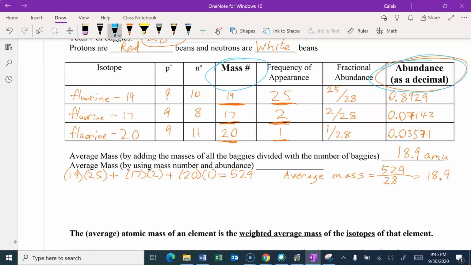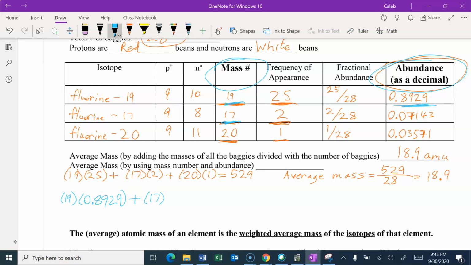So the way this works is we're going to put the mass, which is 19, times 0.8929, the abundance, plus the other mass. The next mass is 17. This one here. So I just did 19 times 0.8929.